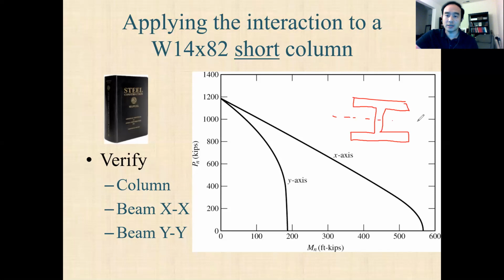This is going to be the x-axis, and this is going to be the y-axis, right? The x-axis is the strong axis, and the y-axis is the weak axis. And we have different sectional properties about these two axes. That's why we will have different capacities, which is typical, right? And very obvious.